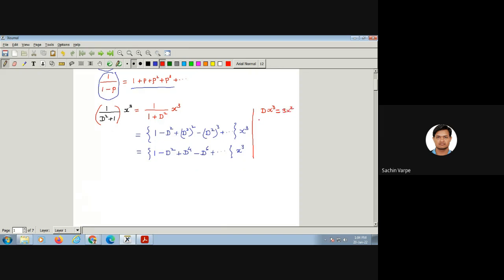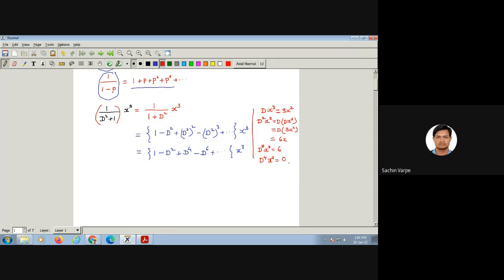When I operate one more D, that is D square of x cube, it is the derivative of 3x square, which is 6x. Now when I operate one more D, that is D cube of x cube, how much will it be? It is just 6. When I operate one more D, D raised to 4 of x cube, how much will it be?